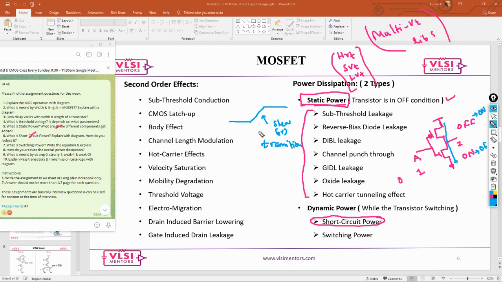Now this transition can be, say, 200 ps, or there could be a transition of, say, 500 ps. Out of these two, which is going to consume more short circuit power? Any idea?